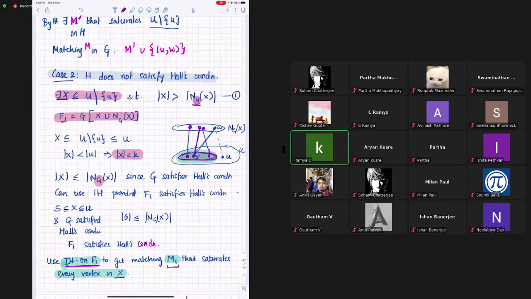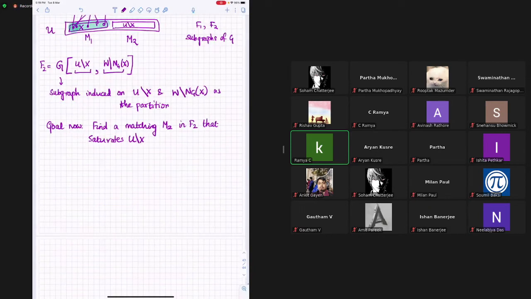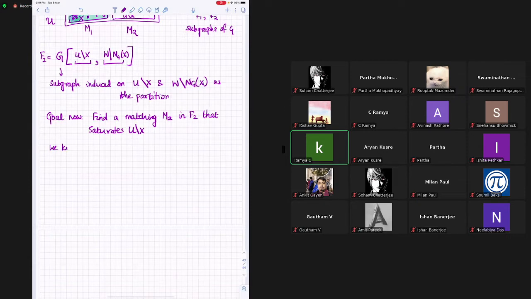You have this set X, and you know that the cardinality of X is much larger than its neighbors in the graph H. So you look at the set X, its cardinality is larger than the neighbors. This is because H does not satisfy Hall's condition. But you know that G satisfies Hall's condition.